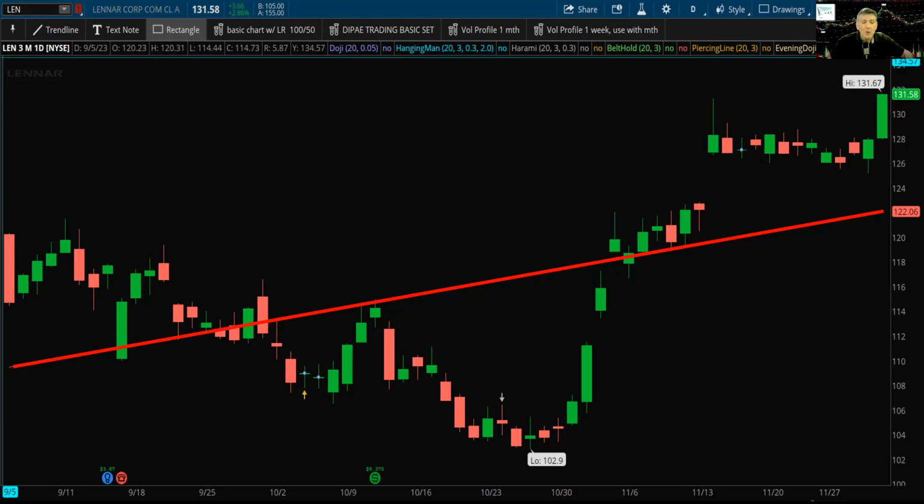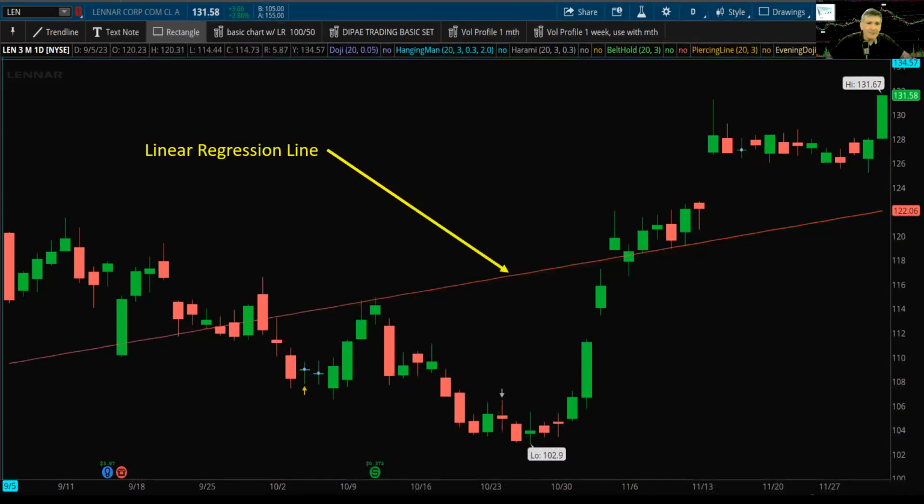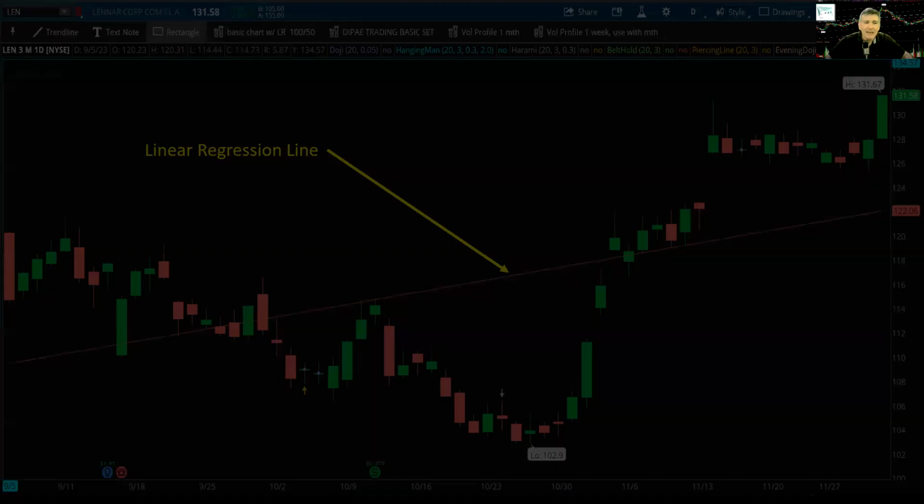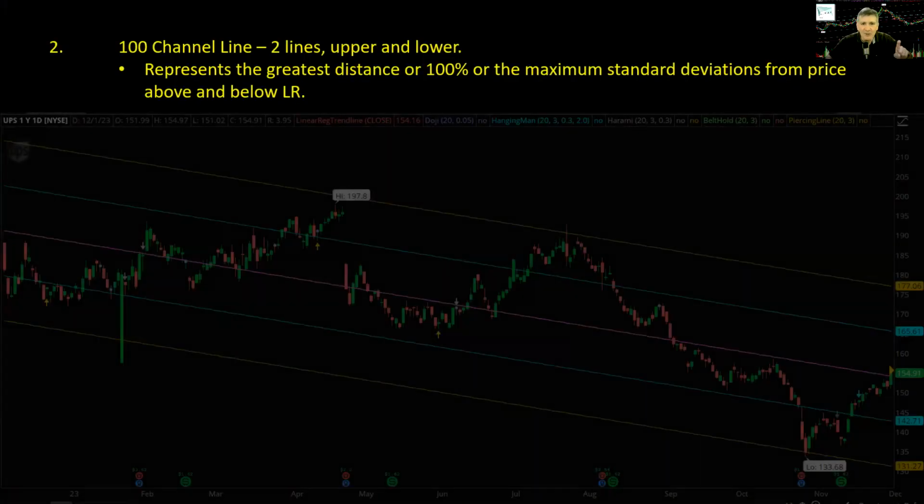So what we end up having here with this linear regression line is an ability to follow where the trends are going. Now, that being said, we also have what we call a 100 channel line, and we're going to show you the 50 channel line as part of the linear regression.